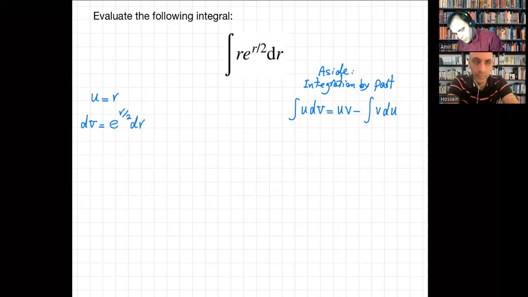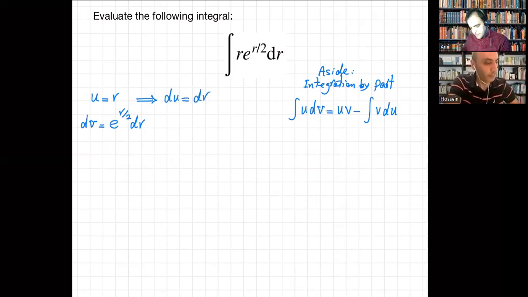So for the first one, I'm going to take the derivative. So du equals dr. And for the second one, as we know, the integral of e to the power of x is again e to the power of x plus constant.